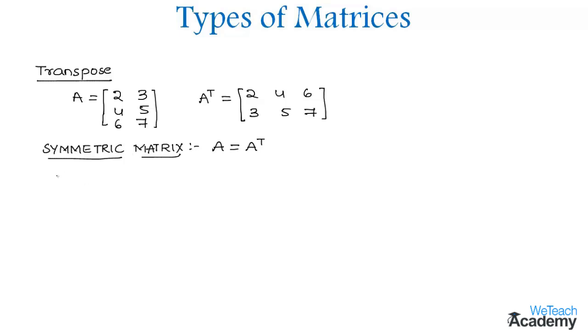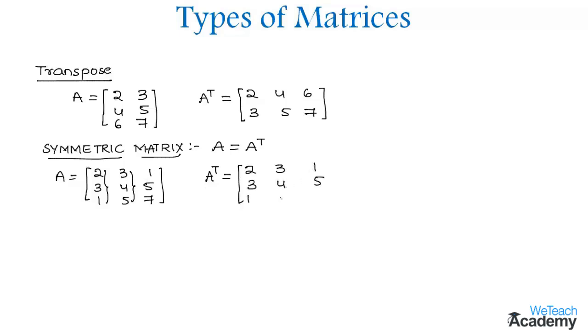For example, this is the matrix A, and the transpose of this matrix will be equal to, by interchanging the first column, we get the first row as 2, 3, 1, and then the next row would be 3, 4, 5, and at last we get 1, 5, 7. So here you can observe that A is equal to A transpose. Then we can say that the matrix A is a symmetric matrix.